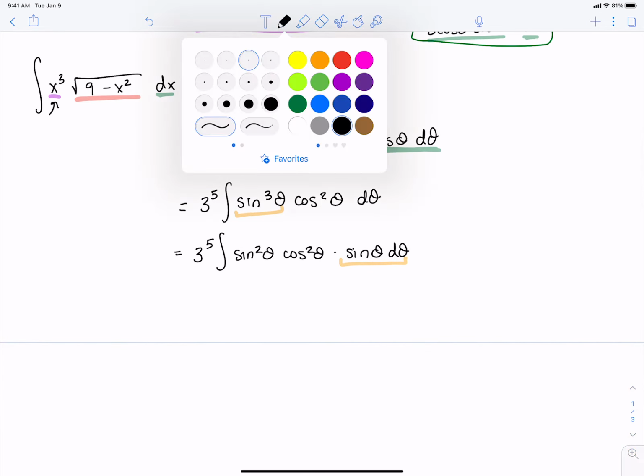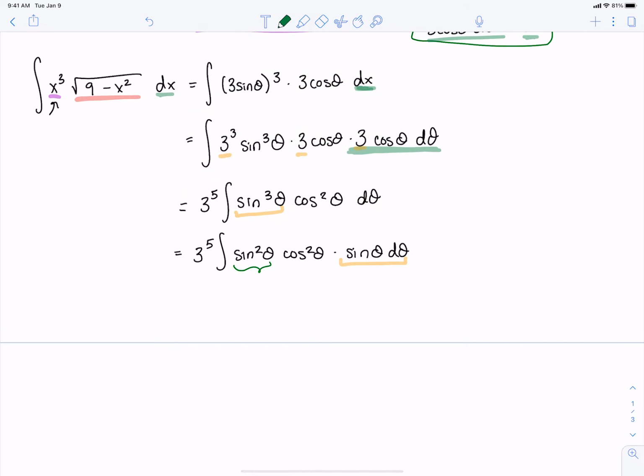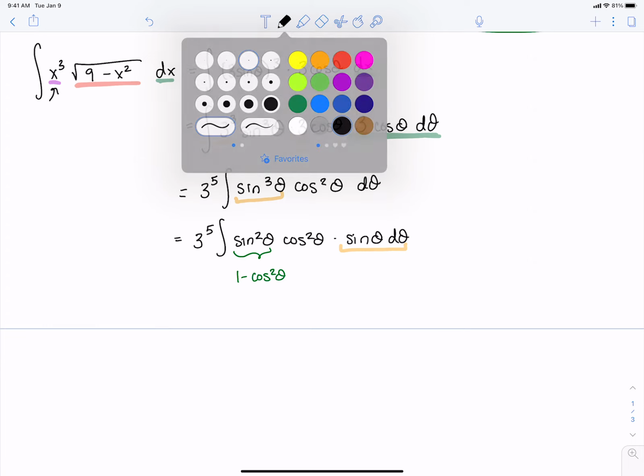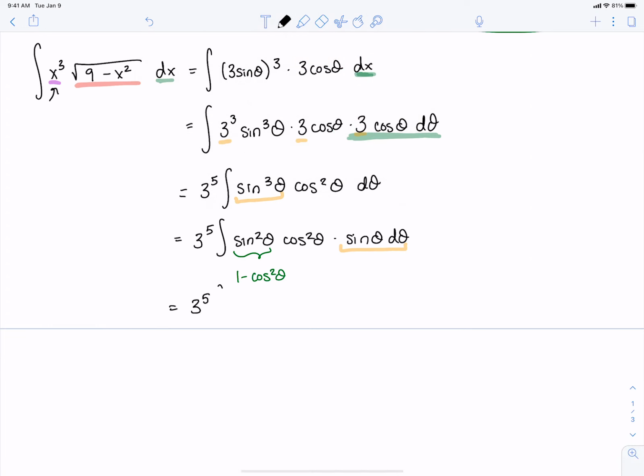We're going to replace our sine squared of theta with 1 minus cosine squared of theta, because we can do that. So we get the integral of 1 minus cosine squared of theta times cosine squared of theta times sine of theta d theta.